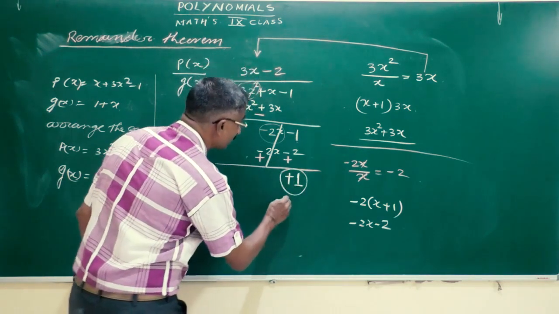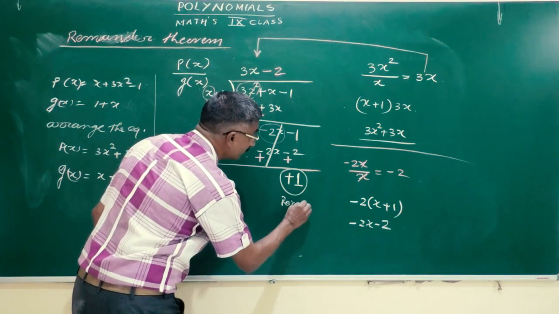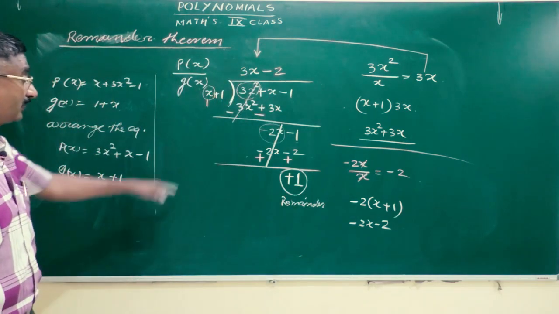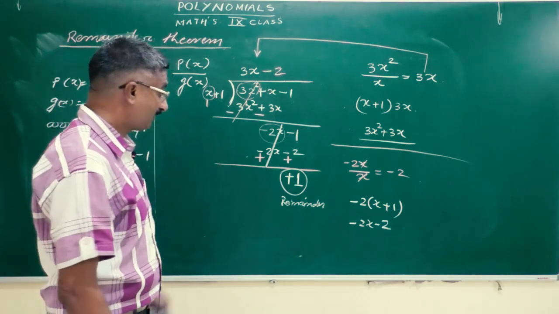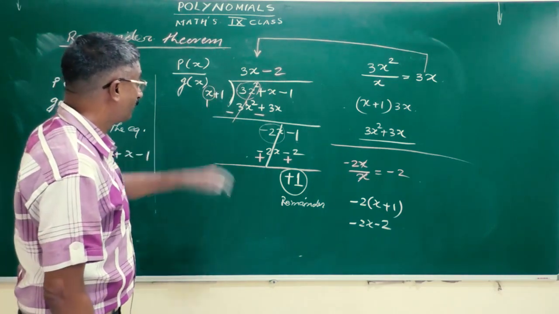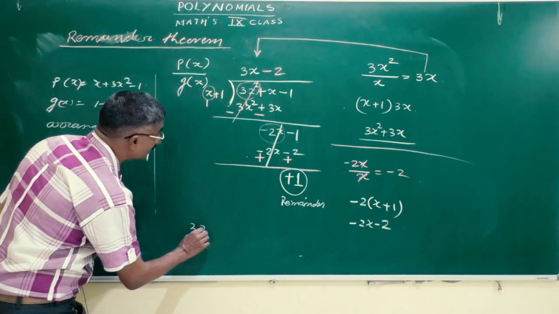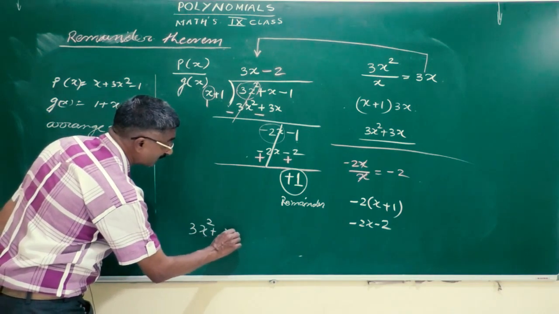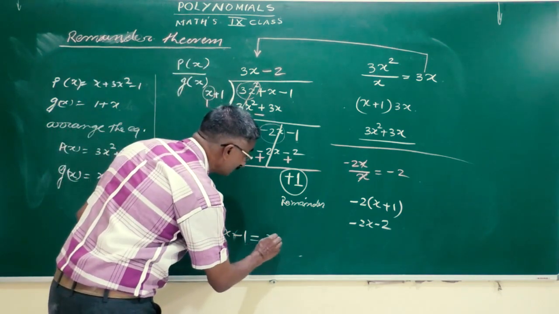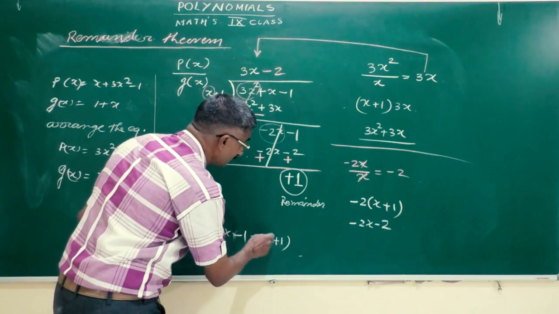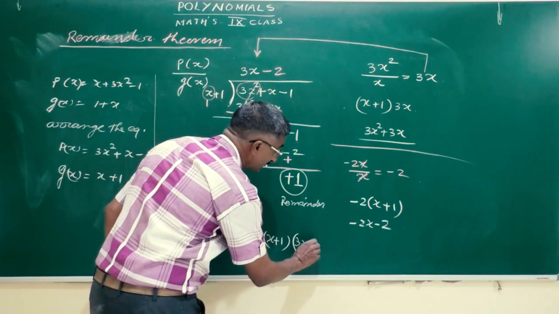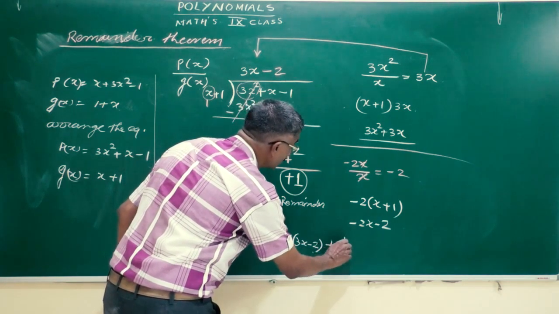So this is the remainder, because here is x plus 1 and this is 1. Remainder is always less than the divisor, keep in mind. So how can we write this? We can write 3x square plus x minus 1 is equal to x plus 1 into 3x minus 2, plus 1.